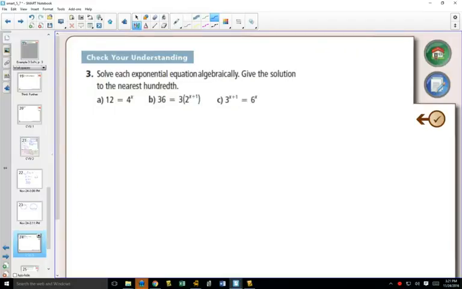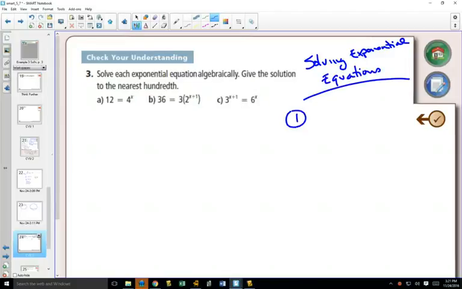So a quick review of solving exponential equations. One, whenever you see the x in the exponent, what you can do as a first step is take the log of both sides.